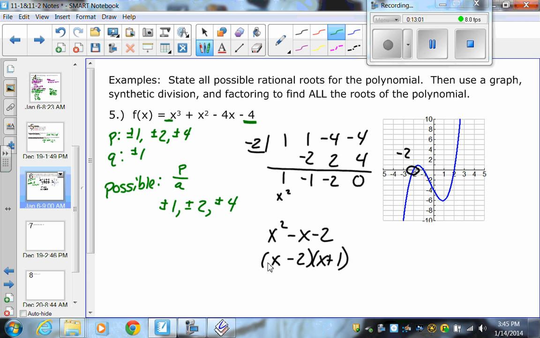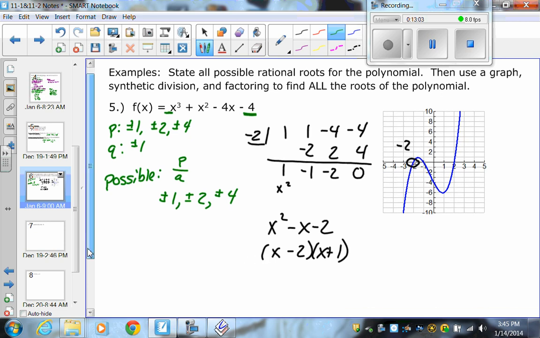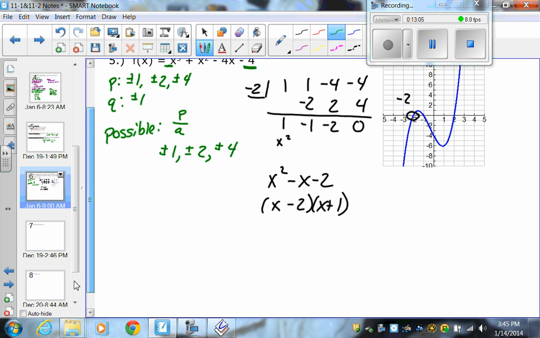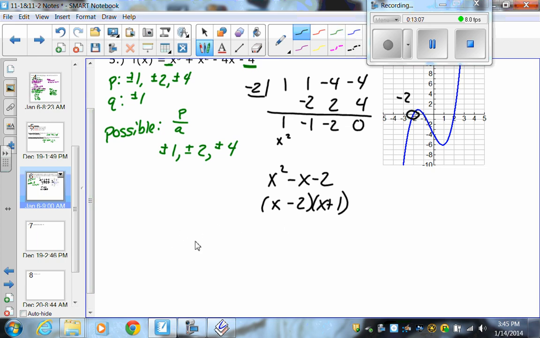So now you can see all of your zeros, or all of your roots. You have the negative 2 that you did on your graphing calculator. And then you have a positive 2 here because that's going to tell you x is 2. And a negative 1.